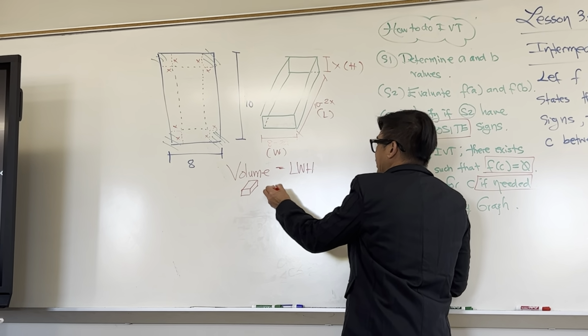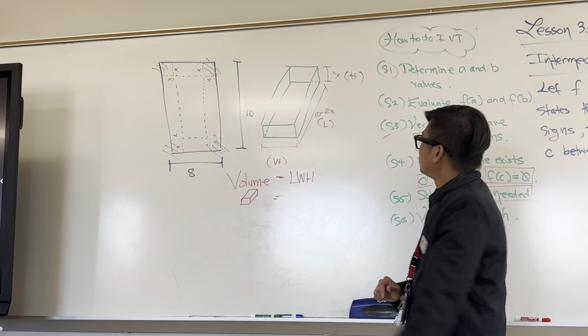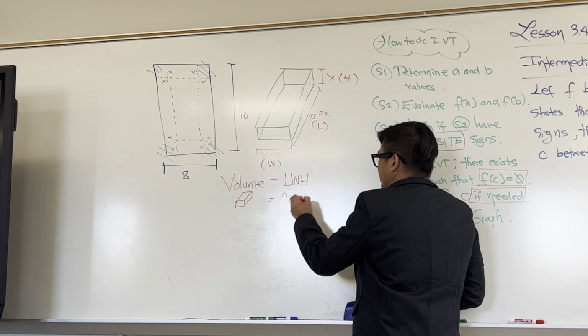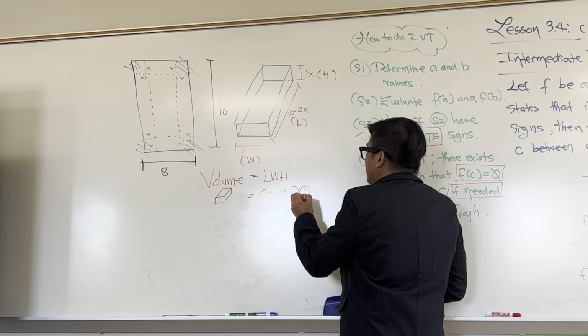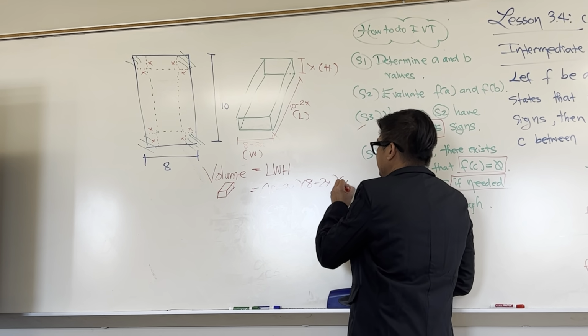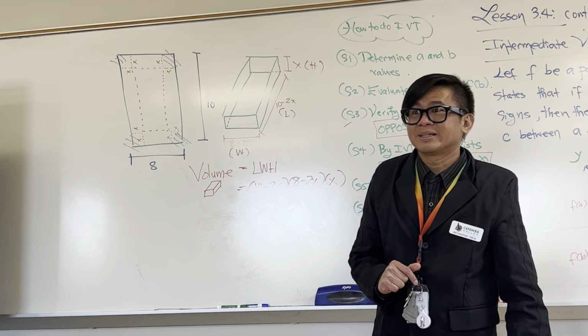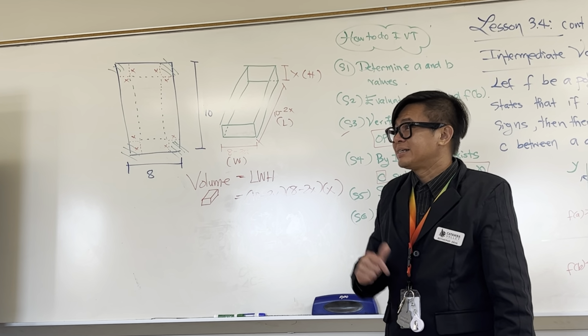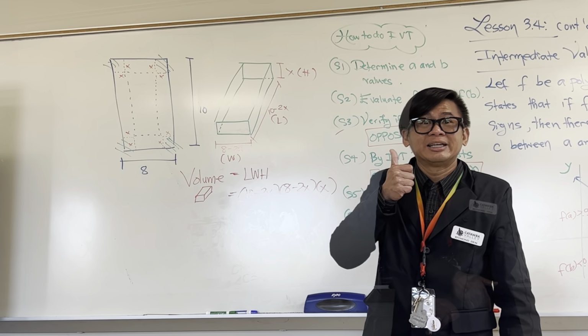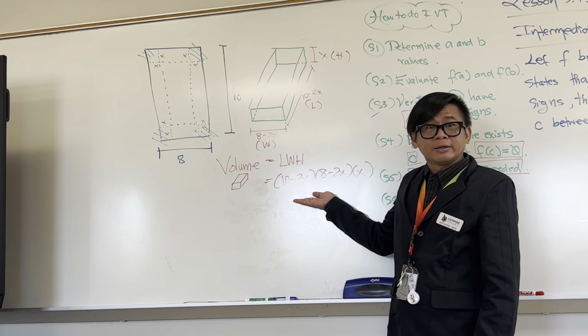Length, width, and height. Then that would be equal to 10 minus 2x, times 8 minus 2x, times x. Are we good, guys? Okay.